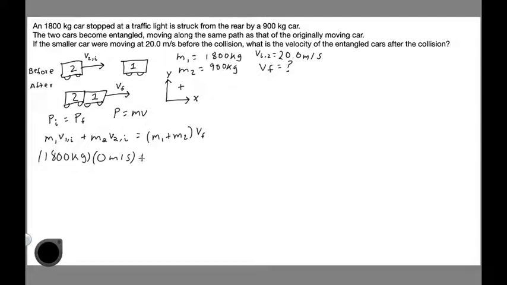And we're going to add this momentum to the momentum of car number 2, which is going to be equal to the mass times its velocity. The mass is going to be 900 kilograms, and its velocity is going to be 20 meters per second.